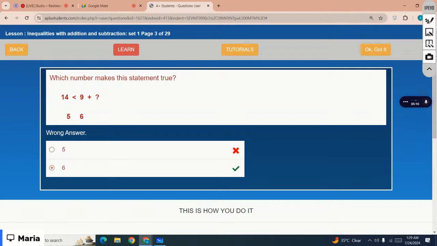Sorry, 9 plus 5 makes 14. So 14 is not less than 14. 14 is less than 15. The missing number is 6. Okay, got it. The correct option would be 5.